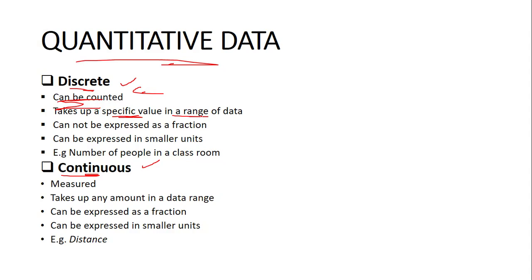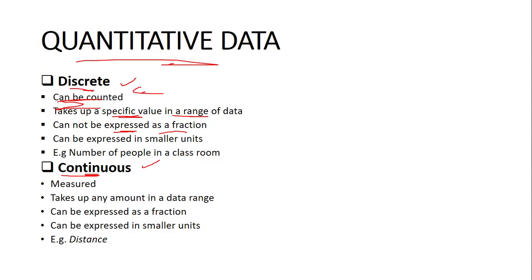If there are 50 seats in the classroom, then the limit is 50. Of course, people can stand in the room, but even then you can count the heads. And the other characteristic is it cannot be expressed as a fraction. You can't say there are 40.5 people in a classroom.